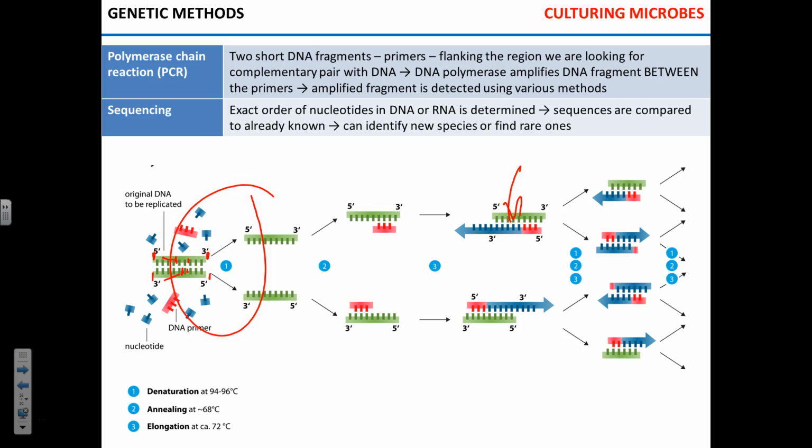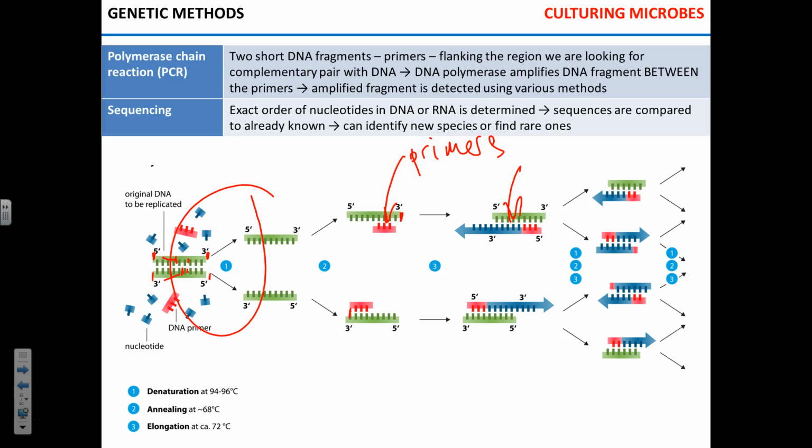Next, we add special molecules, fragments of DNA that are pre-synthesized. These fragments are called primers. These red fragments. These are not random sequences. Primers are complementary, as you can see here, to the beginnings of the fragment that we want to detect.